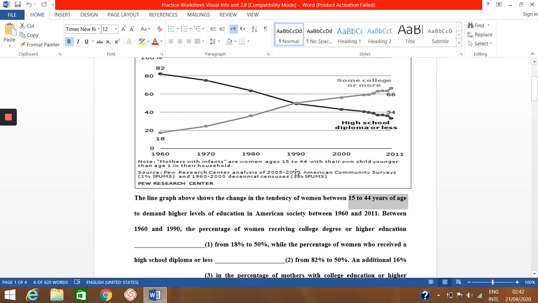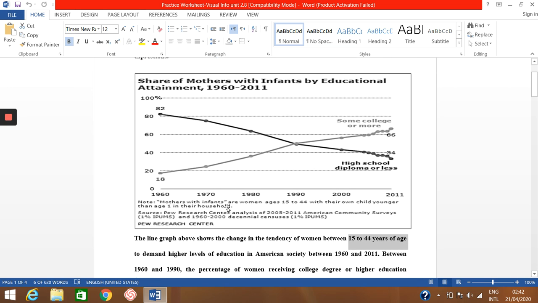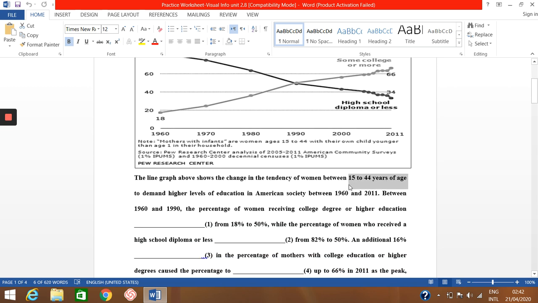Maybe this piece of information is given in the introduction here. You don't have to find it out because the two charts here are just telling us about the time span and the percentage. You see? So you don't have to worry about this one. The line graph above shows the change in the tendency of women between 15 to 44 years of age to demand higher level of education in American society between 1960 and 2011.